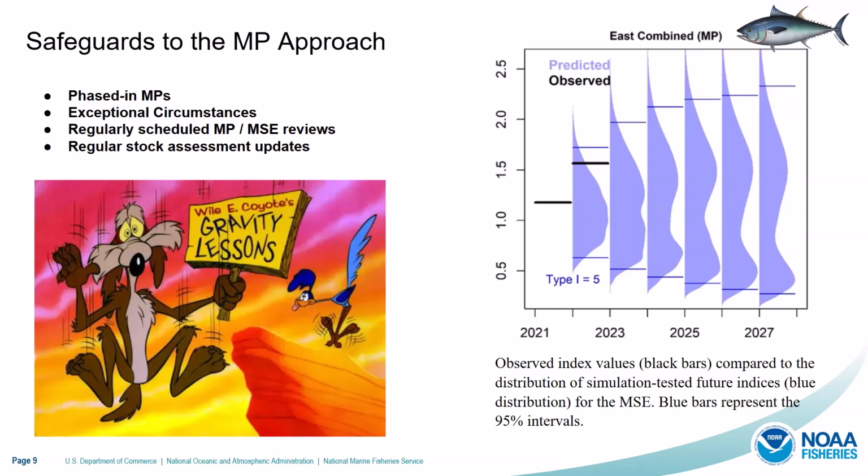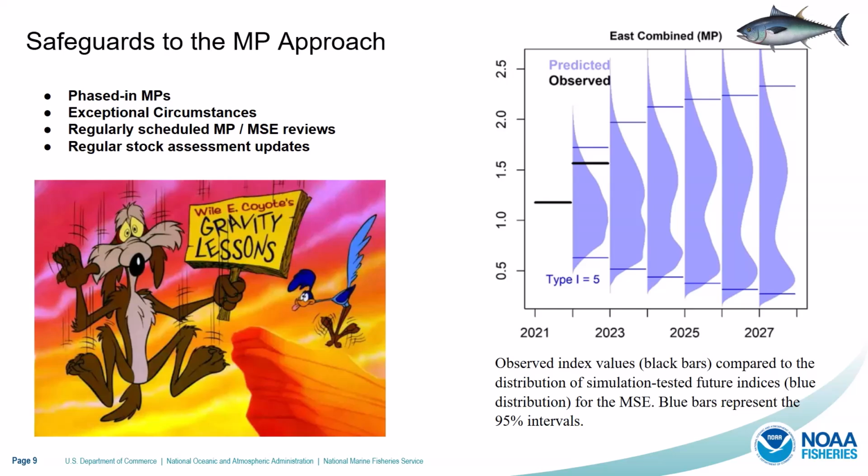Basically, these are opportunities to consider all of the additional information that has been gathered between now and the last review, or the last MSE conditioning, to reconsider the list of operating models within your operating model grid. Consider if some of them are now proven to be implausible or impossible. If we have new scenarios that we need to include, we can build those in, and then we can parameterize the management procedure to make sure that it's still maximizing management objectives.